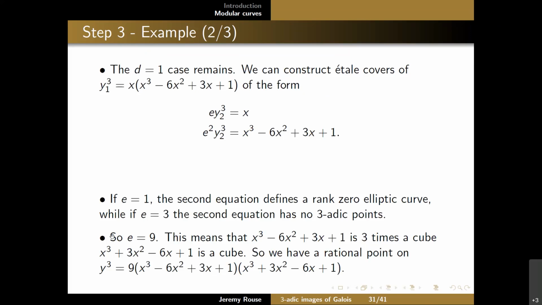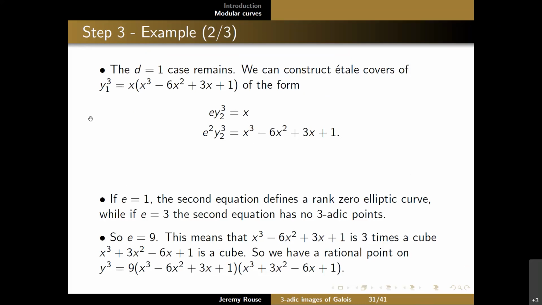So if e is equal to 9, that means that x cubed minus 6x squared plus 3x plus 1 is 3 times a cube. But because this is a subcase of the d equals 1 case, looking at the previous slide, x cubed plus 3x plus 6x plus 1 must be a cube. And that means that we get a rational point on this curve, y cubed equals this sextic.